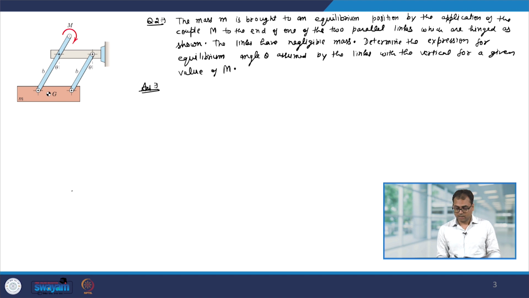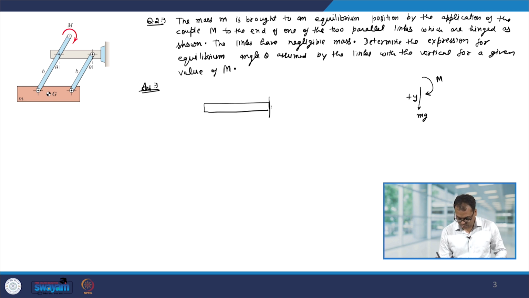So, again because it has a weight mg, this direction is let us say plus y and the moment is applied in that direction. So, let me take the positive moment in that direction. So, therefore, this will be our sign convention. So, let me first make the diagram once again.